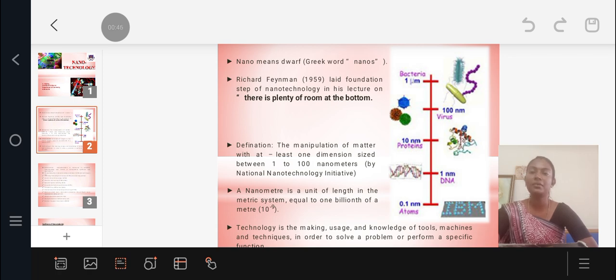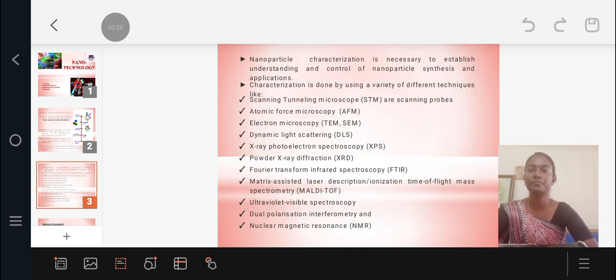Technology is the making, usage and knowledge of tools, machines and techniques in order to solve a problem or perform a specific function. Nanoparticle characterization is necessary to establish understanding and control of nanoparticle synthesis and application.